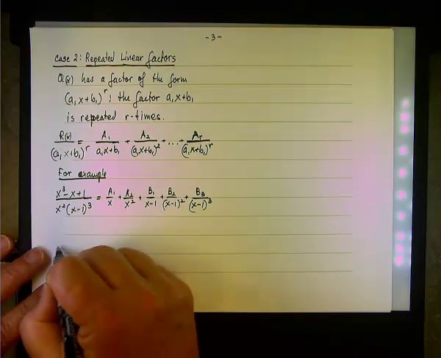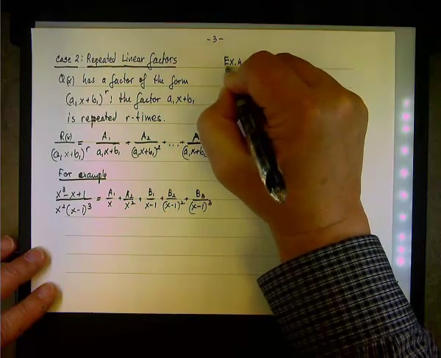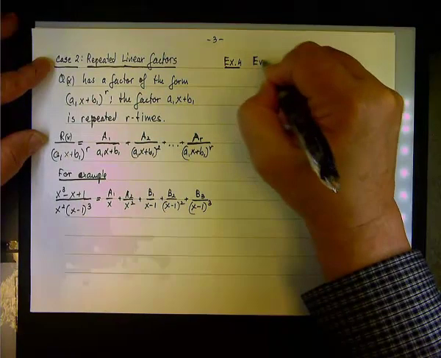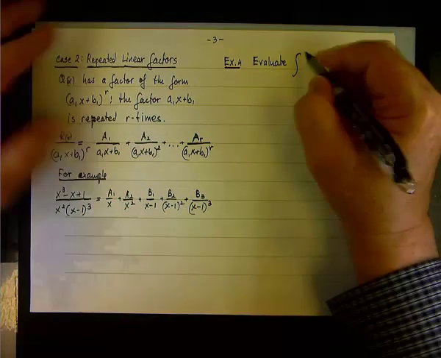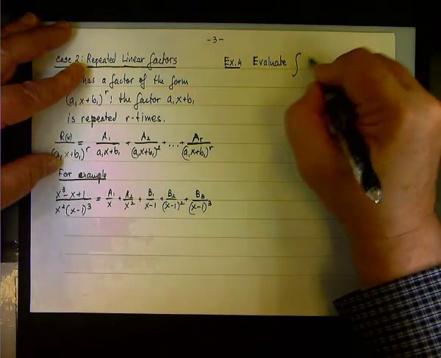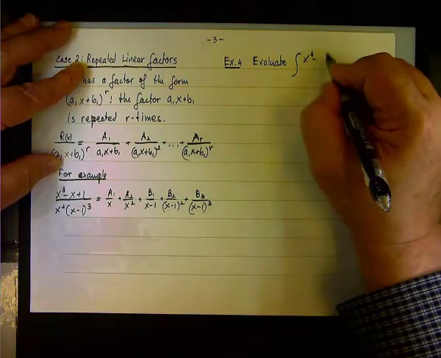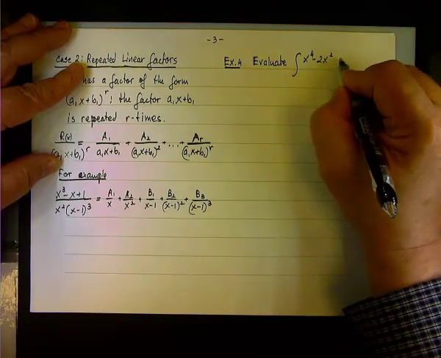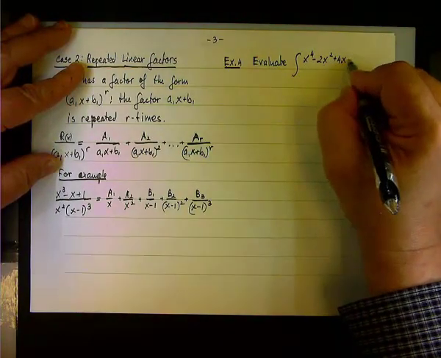Okay, so let's look at the next example, example 4, I believe. We need to evaluate the following integral. The numerator is a 4th-order polynomial, x to the 4th minus 2x squared plus 4x plus 1.